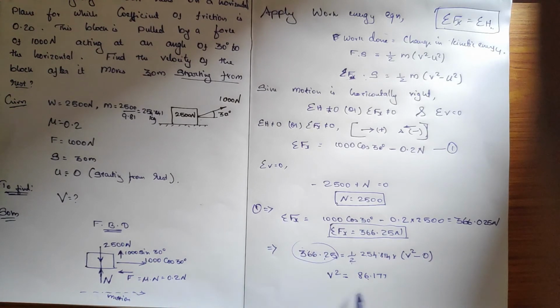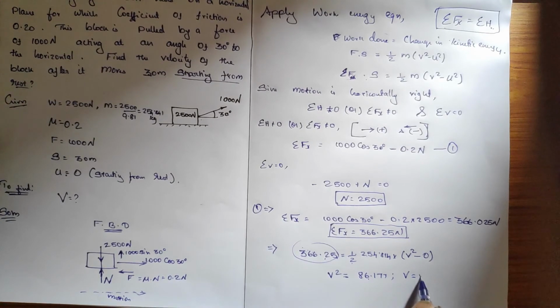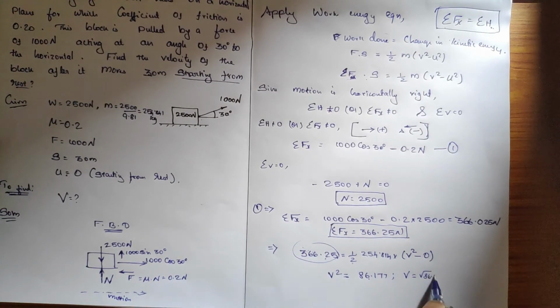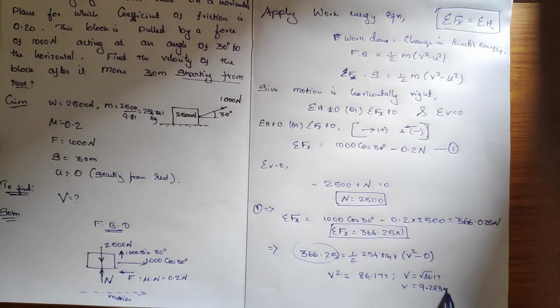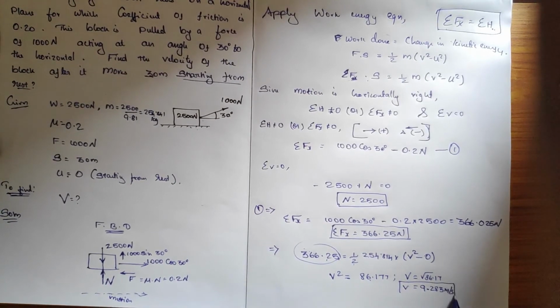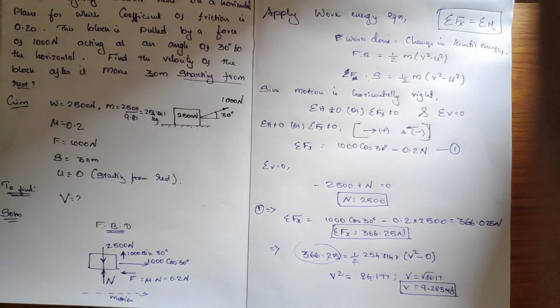Okay, and if you take the square root of 86.17, you may get the answer as 9.283 meter per second. This would be the velocity.